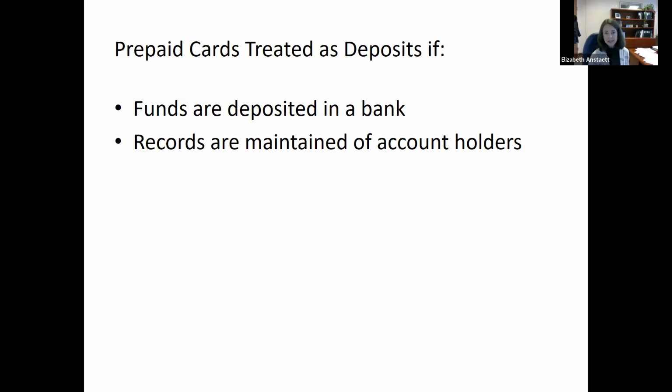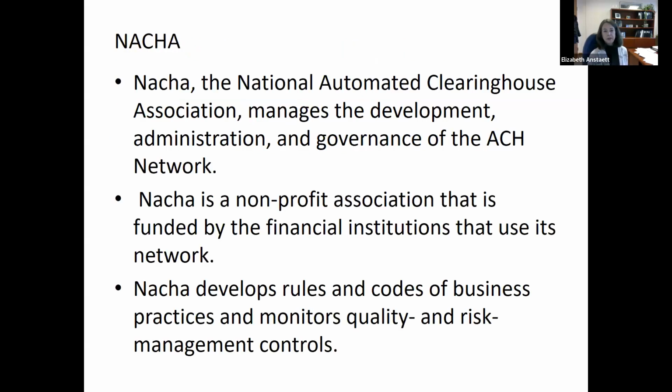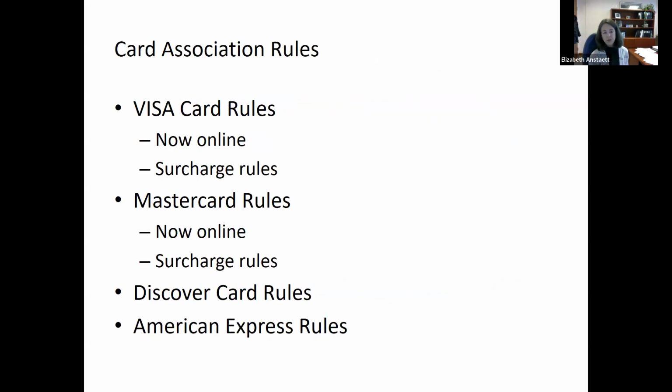But as I said, in this area of payments, you really have to look outside just the typical laws and regulations. You have to look at the NACHA rules, which are available online, but you do have to pay a fee to get access to them, as well as the card association rules. As I mentioned, Visa and MasterCard rules are now available online. When I first started practicing, they were not, and I had access to them, but they had big confidential stickers on them.